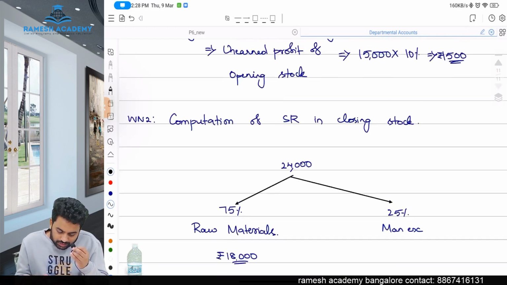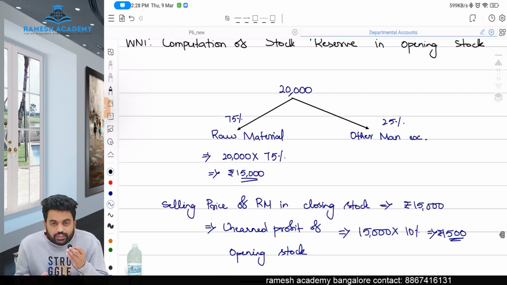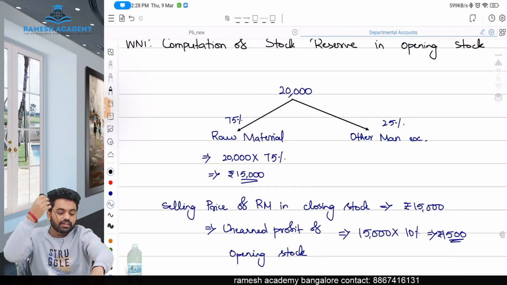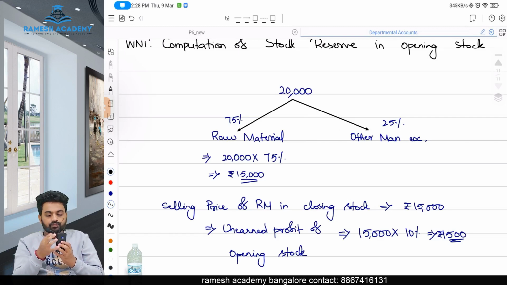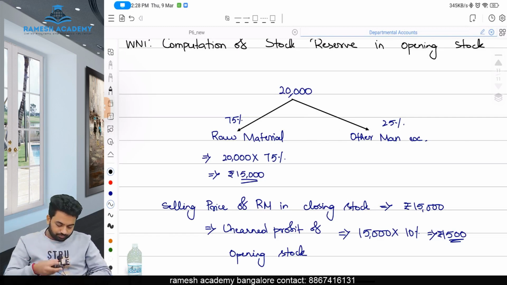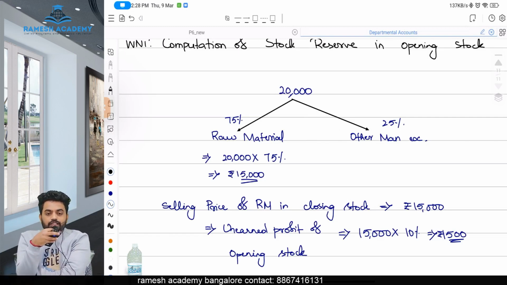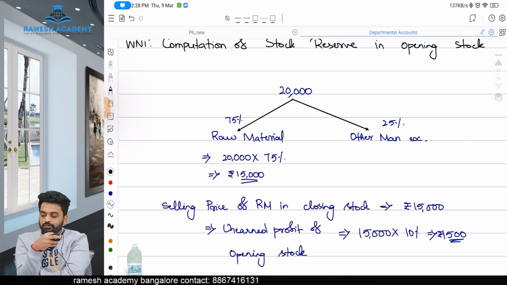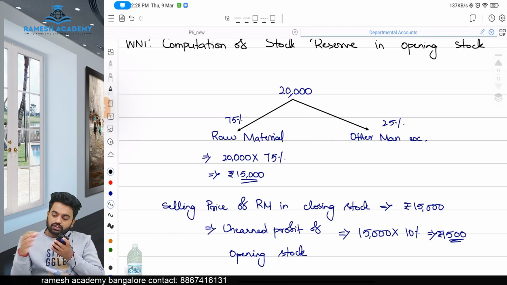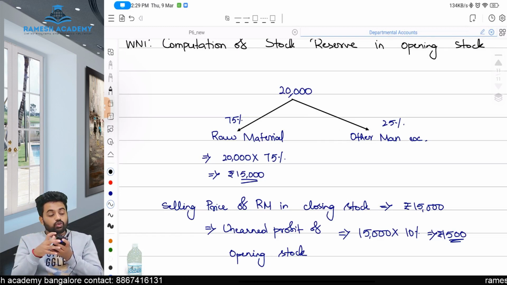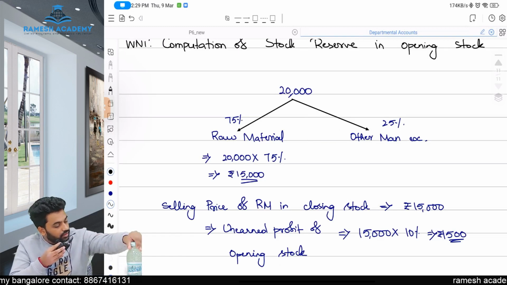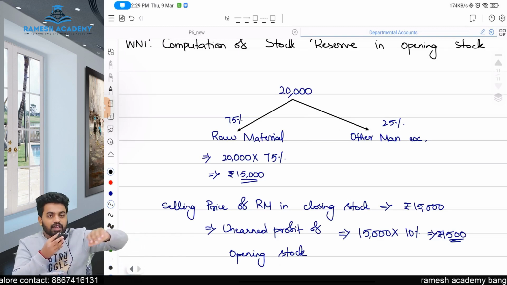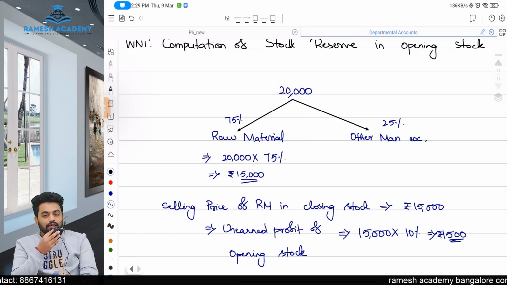Working note, madam. Listen. They are telling that for the manufacturing department, goods are coming from the raw material department. Now the raw material department last year kept a 10% gross profit, which means the opening stock of raw material of the manufacturing department will consist of the profit portion. So we have to eliminate it.